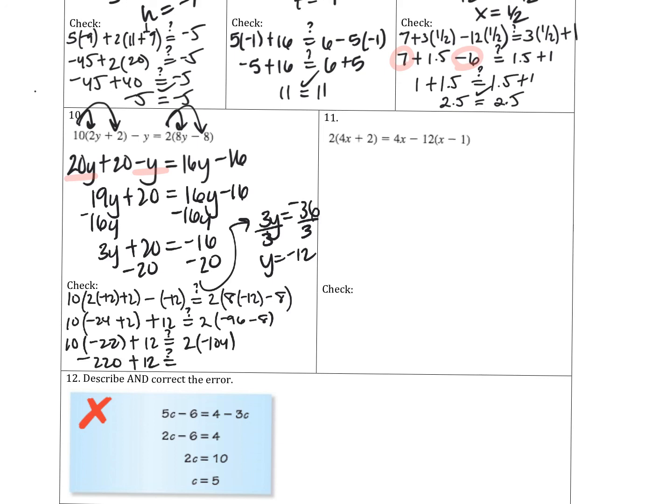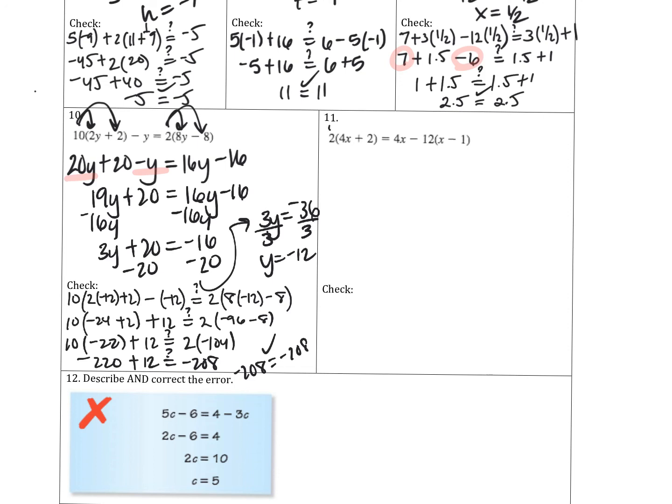And 2 times 104 is going to be 208, negative 208. Okay, negative 220 plus 12 is going to be negative 208, which is equal to negative 208. That was a kind of lengthy process for checking, but we got it right.